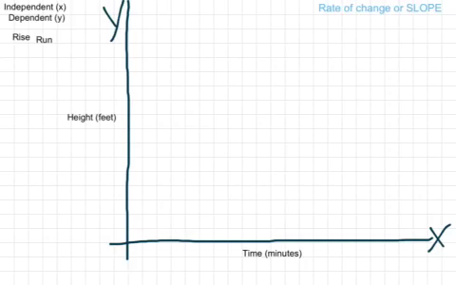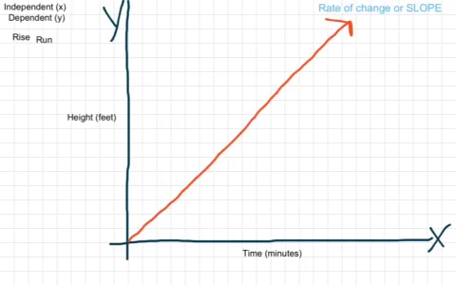And so we're looking at the time it takes a squirrel to climb up a tree. So let's go ahead and add a line to our graph here, to make it as straight as I can, because this squirrel is going to climb at a constant rate.